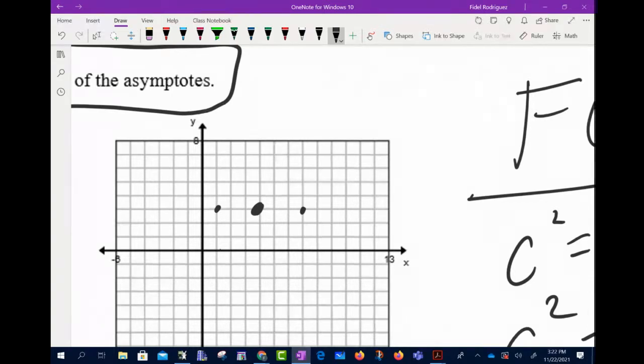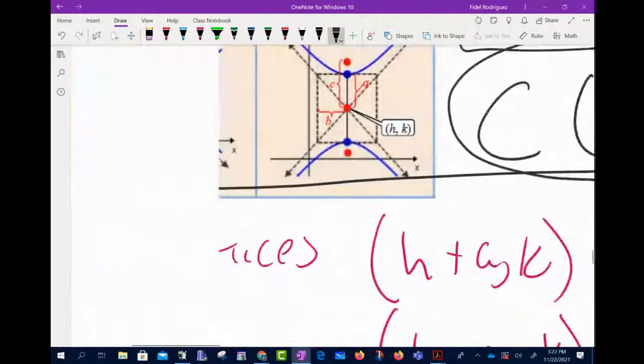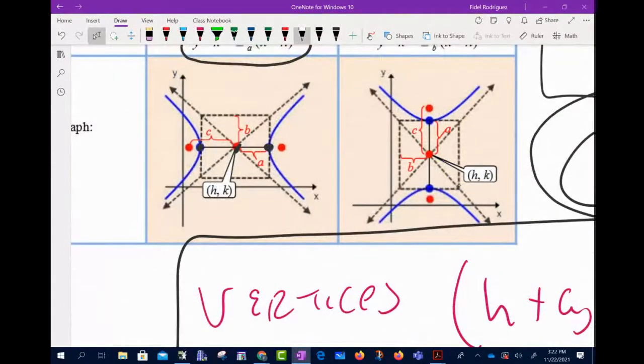What I'm going to do, y'all, is look at this picture again. I want to draw this kind of rectangle that they have right here. We already have those points.